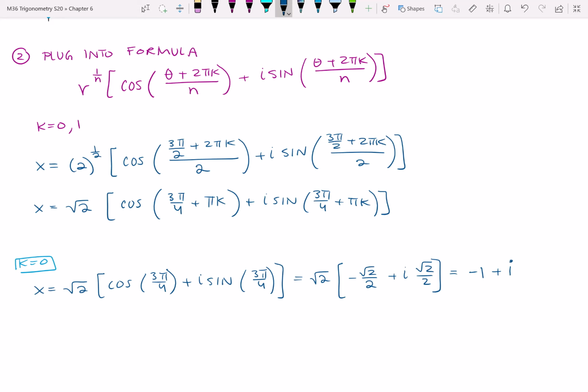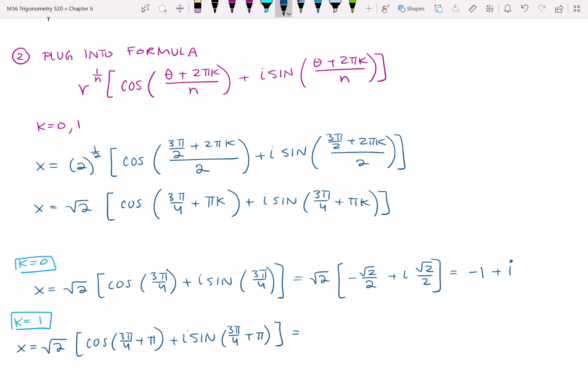All right, now let's plug in k equals 1. We already plugged in k equals 0. So we get x is equal to the square root of 2 times cosine of 3 pi over 4 plus pi this time, plus I sine of 3 pi over 4 plus pi.